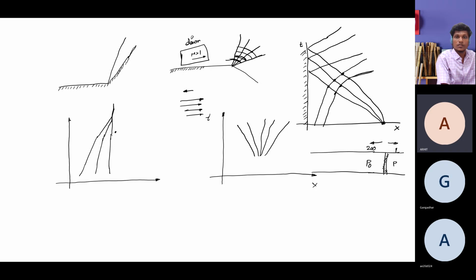Sorry, this is the upstream flow. I was confusing upstream and downstream. Whatever flow is present here cannot experience that. So you can understand from here itself. So it cannot form any kind of oblique shock in the backside direction, right?